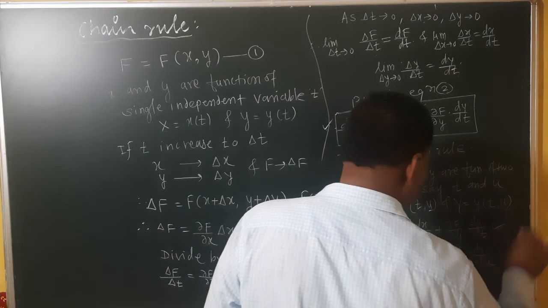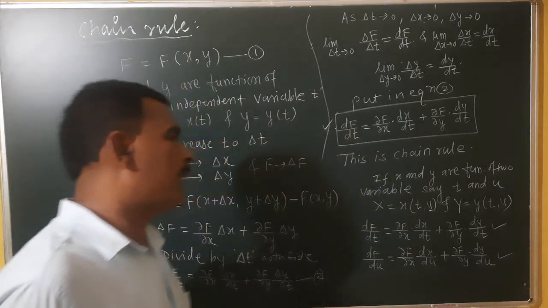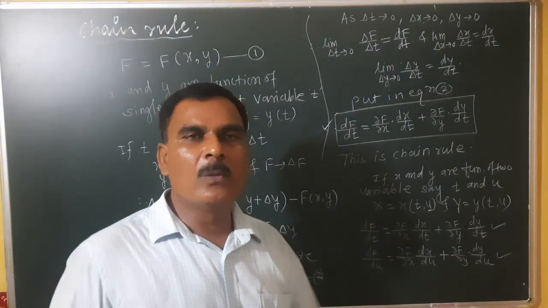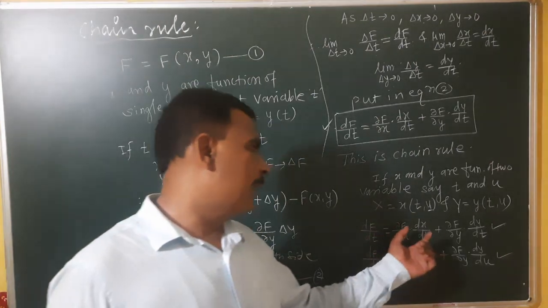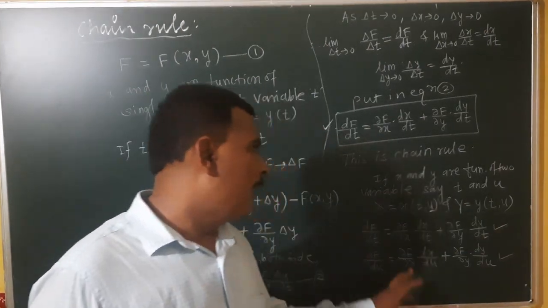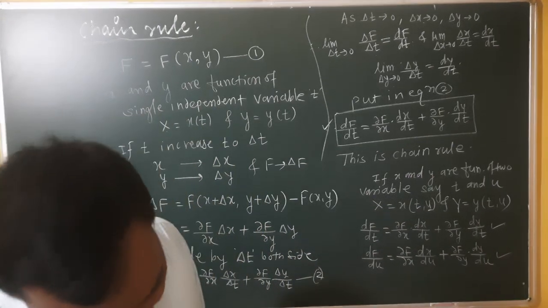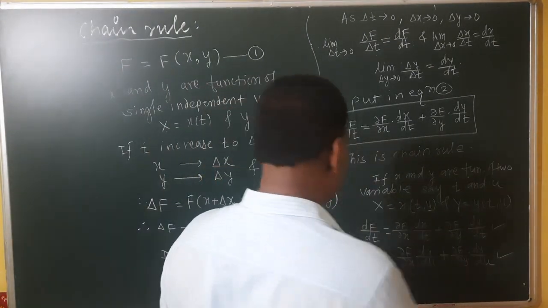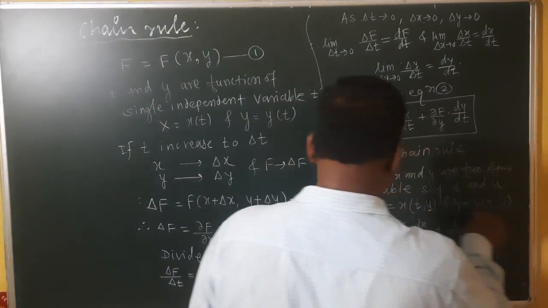This is for t, and this is for u. When x and y are functions of two variables t and u, these are the two equations we write for the chain rule.